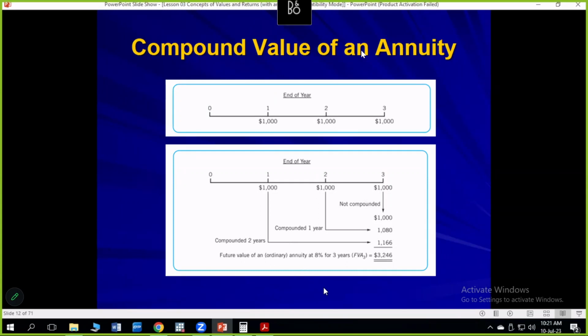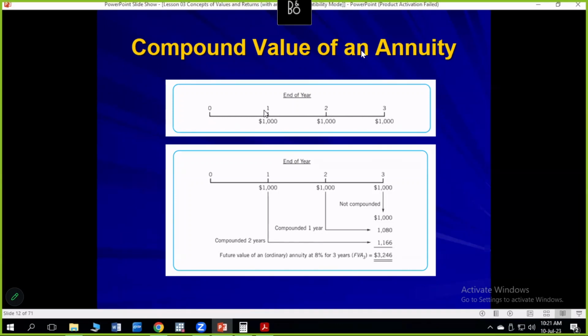So next thing you can observe is the diagrammatic presentation of the annuity calculations. So this is the first case. The first rectangle, you can see that 0, starting point 0, then 1, 2, 3.